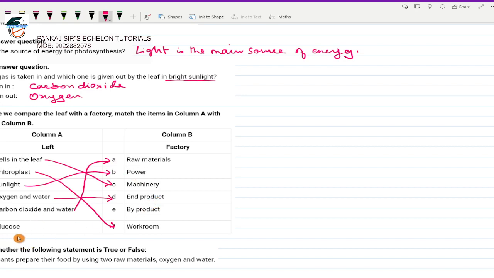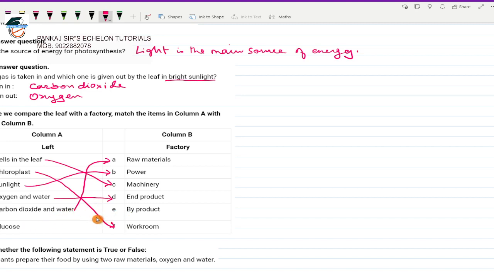And last but not the least, glucose. Glucose is what? Okay. Oxygen and water are end product I've mentioned here, right? So oxygen and water will not be end product; they will be the byproduct. Okay, and end product will be glucose, because glucose is something which is very much needed.